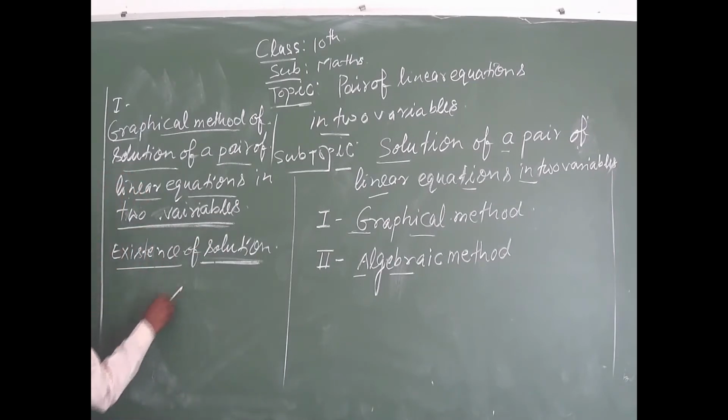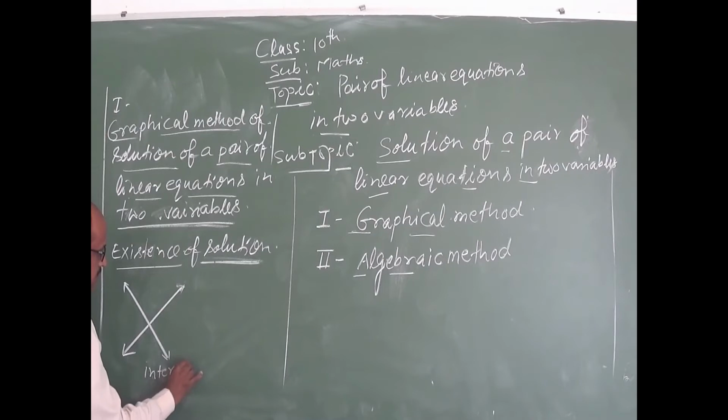First, a pair of linear equations can intersect each other. When they are intersecting, this type of pair of linear equations is said to be consistent.